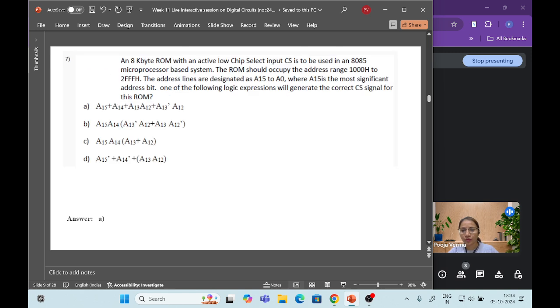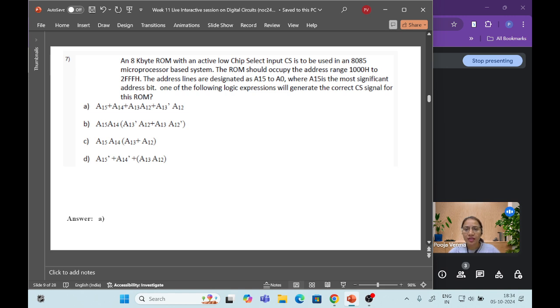Okay, so moving to the next question. In the next question, an 8 kilobyte ROM with an active low chip select input CS is to be used in an 8085 microprocessor based system. The ROM should occupy the address range 1000H to FFFFH.